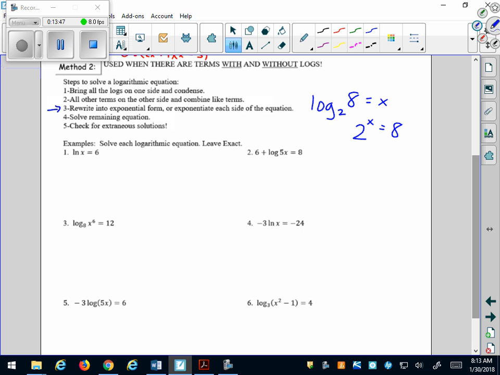So let's take this first one, for example. ln of x equals 6. Well, if I were going to write this in exponential form, what would it be? Yep, e to the 6th equals x. Right? Because an ln is a base e, so there's like a little e there. e to the 6th equals x.